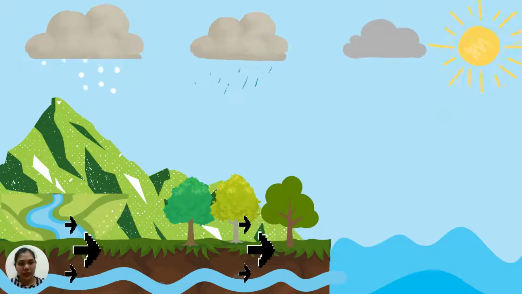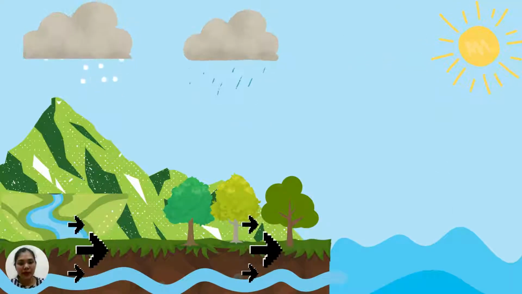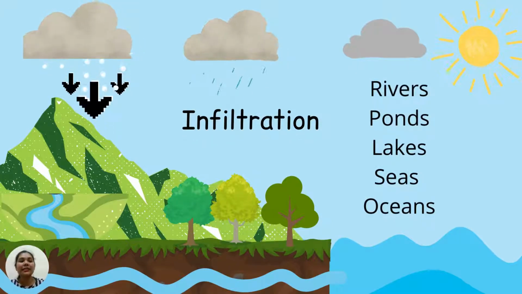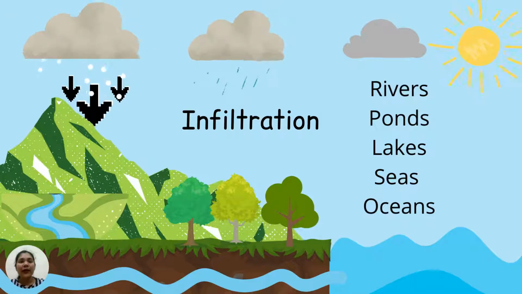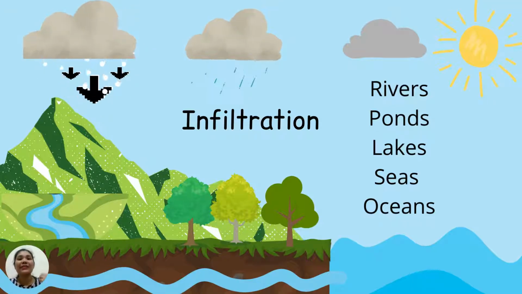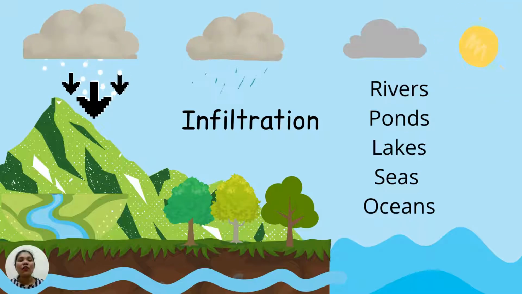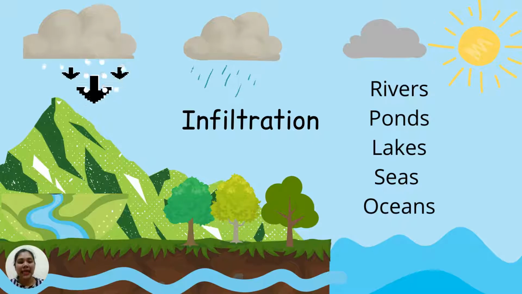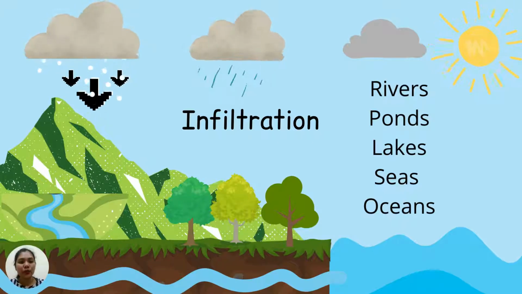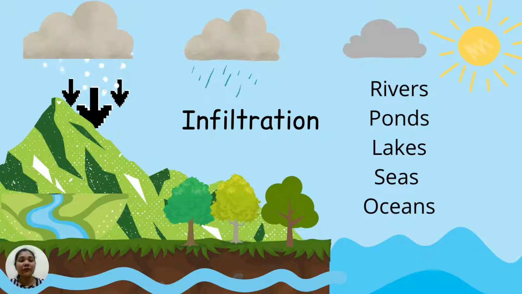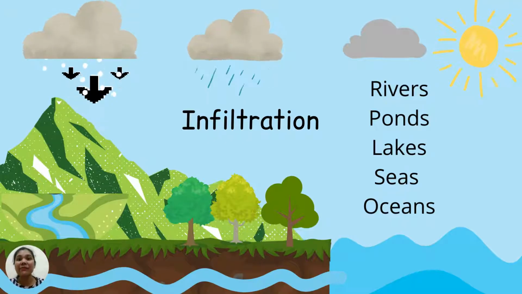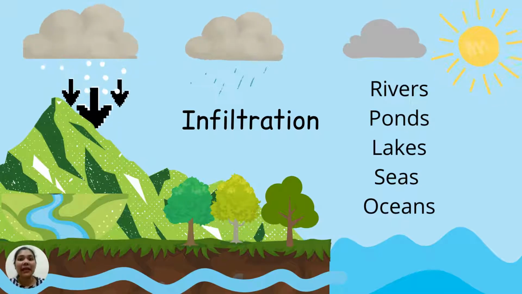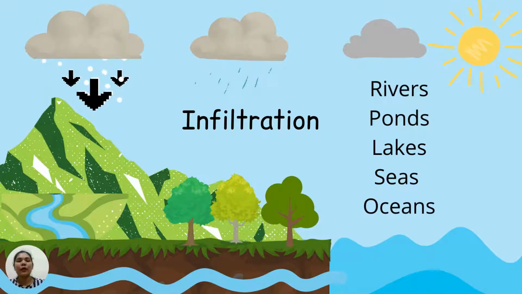Now, infiltration. Whoops, let's go back. Hold on. Infiltration is when water falls to the ground. Rain falls to the ground and into rivers, ponds, lakes, seas, and oceans. Some of the water goes deep into the ground and stays there for many, many years.